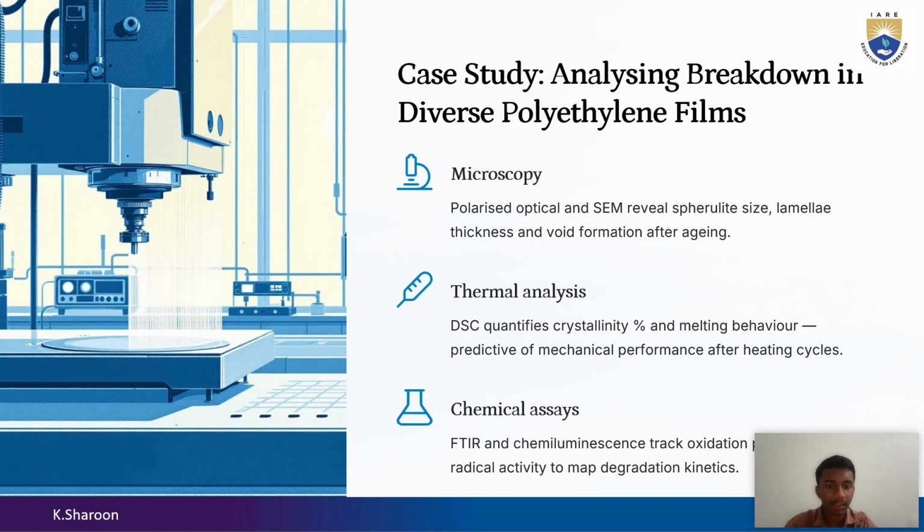It predicts mechanical performance after heating cycles. Chemical assays, FTIR and chemiluminescence, track oxidation processes and radical activity to map degradation kinetics.